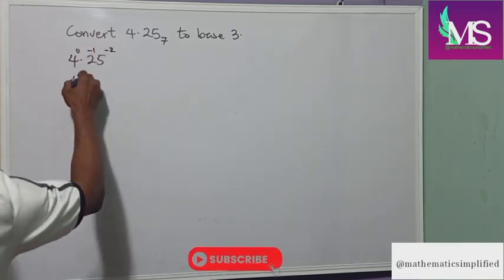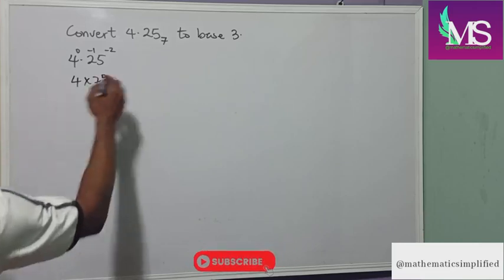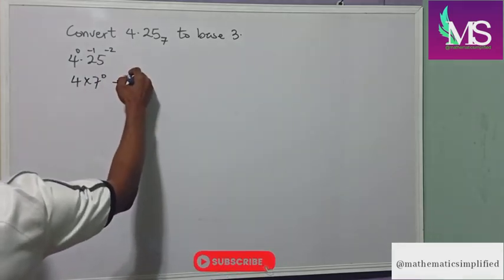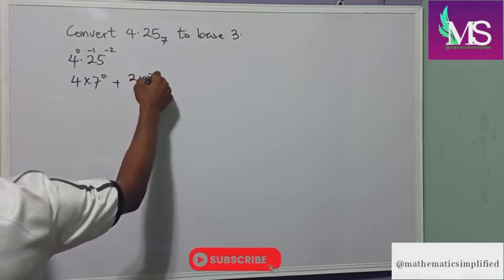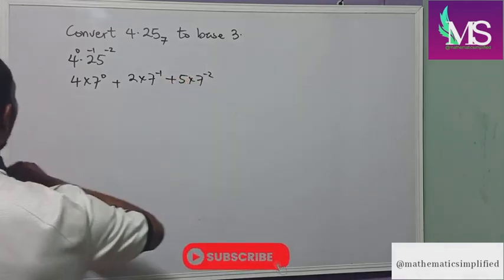So this becomes 4 times 7 raised to power 0, plus 2 times 7 raised to power minus 1, plus 5 times 7 raised to power minus 2.